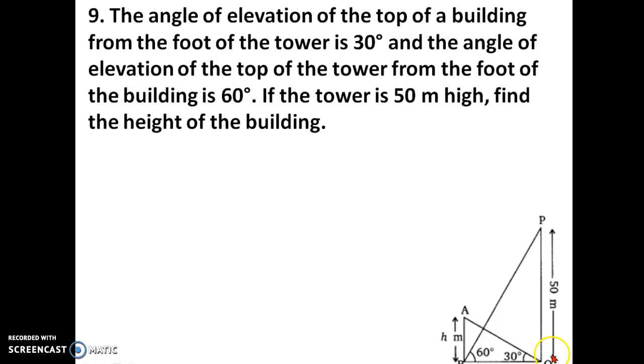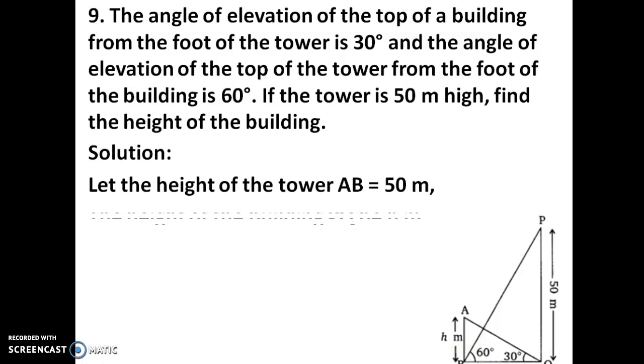So the point of elevation is from the foot of the other building and tower. Okay, it is like that. So from here, it is angle 30 degree and here it is angle 60 degree. Only the height of the tower is given, that is 50 meter, and we have to find out the height of the building AB. So h.